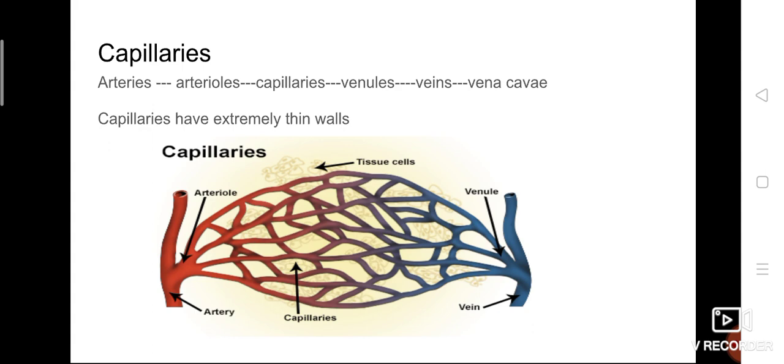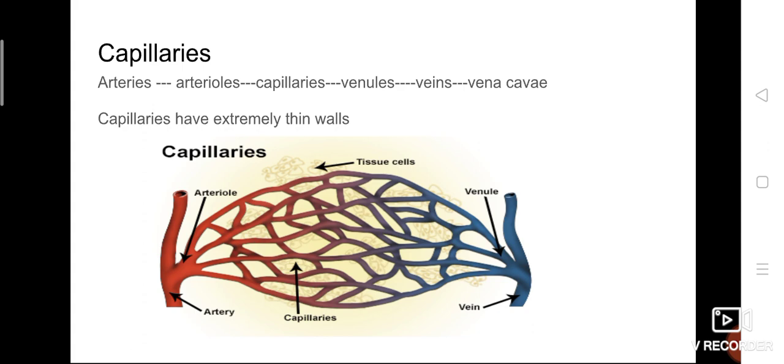Okay, so look at the structure here. The red lines represent arteries because they carry good blood, meaning blood which is rich in oxygen, oxygenated blood. Blue lines are veins, which are rich in carbon dioxide, hence they carry deoxygenated blood.